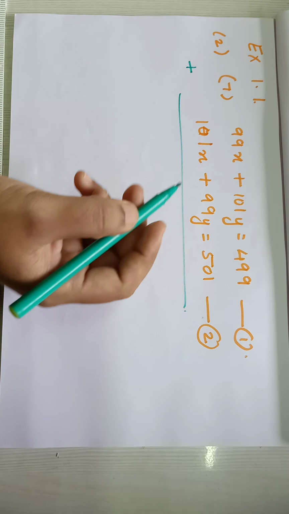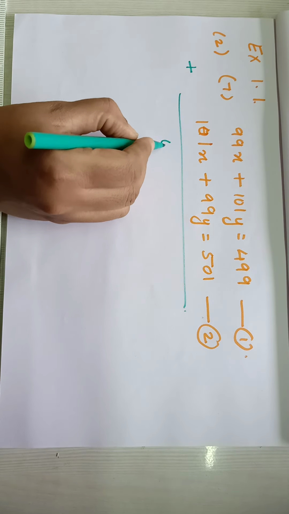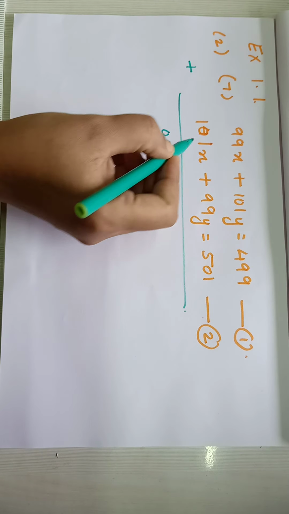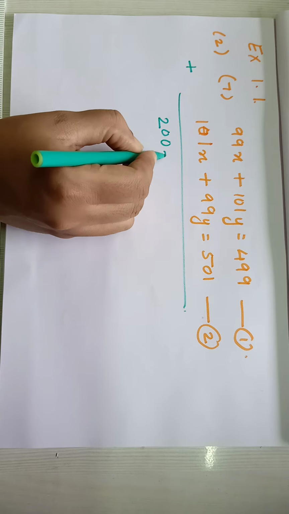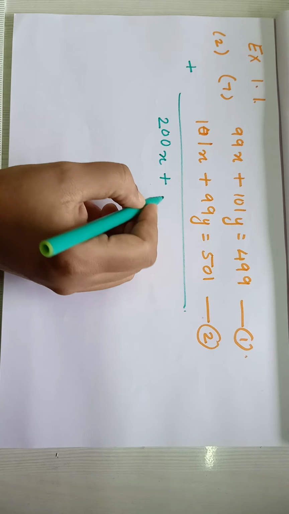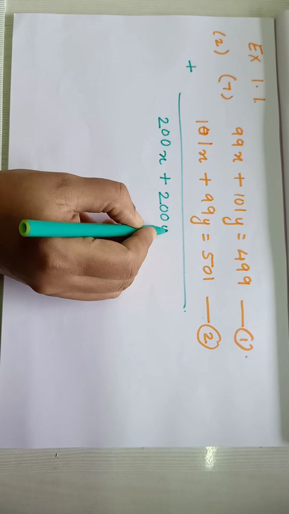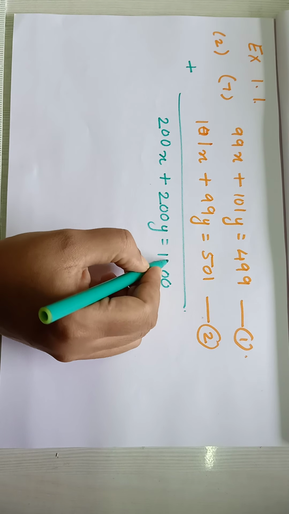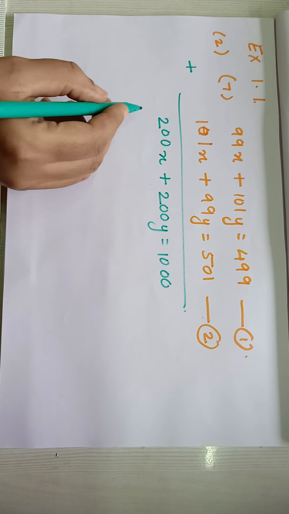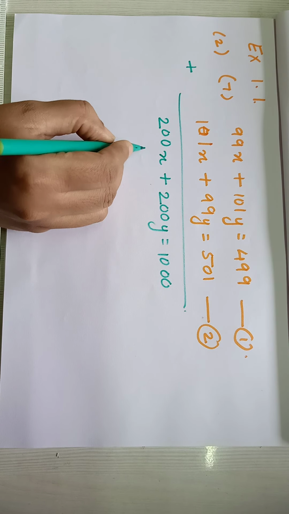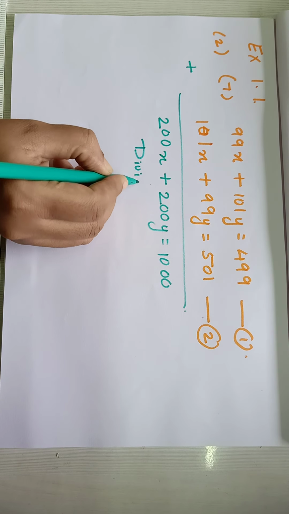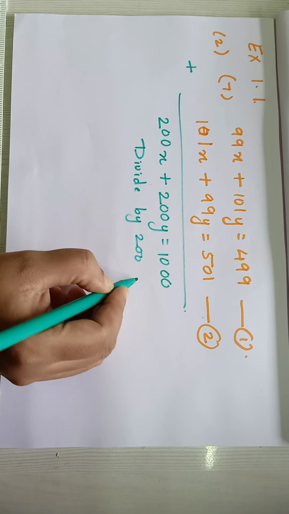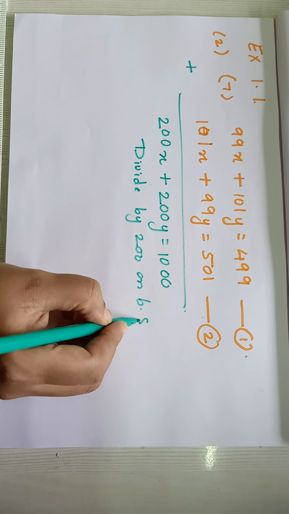Let's add them first. So this will be 9 plus 1, 10, 1 carry, again 10, 1 carry, 200x plus 200y, and this will be 1000. If you observe, we will divide by 200 on both sides.